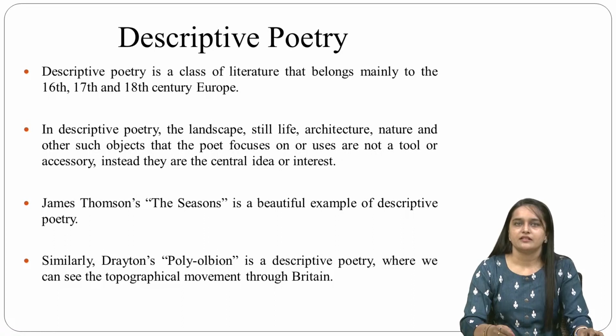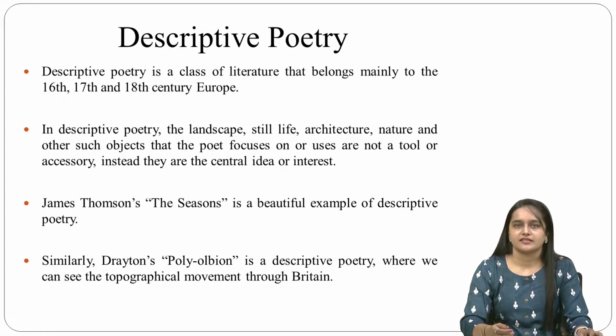For example, James Thomson's poem, The Seasons, is a beautiful example of descriptive poetry. Here the landscape is of main interest. Similarly, Drayton's Polyolbion is a descriptive poetry, where we can see the topographical movement through detail.